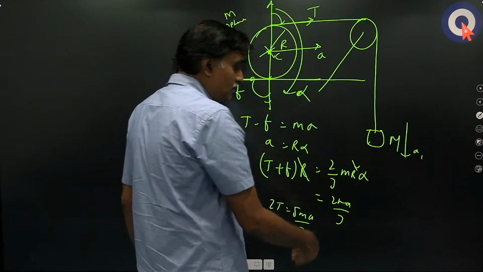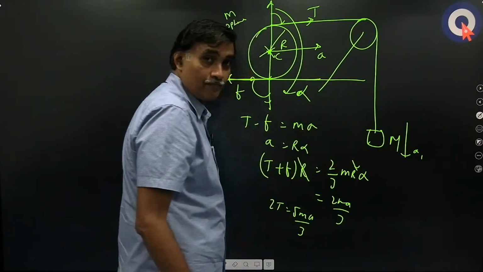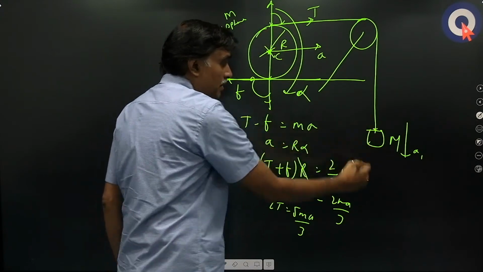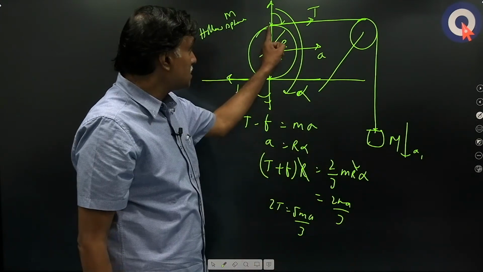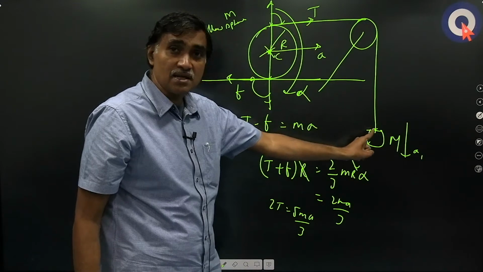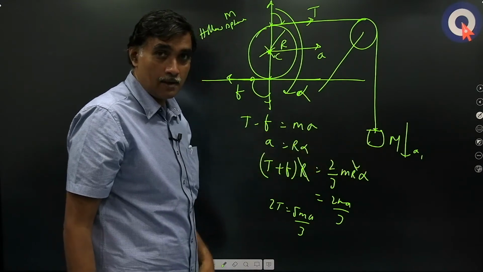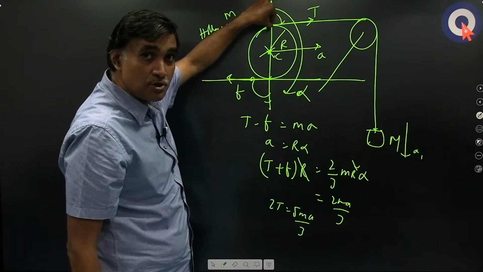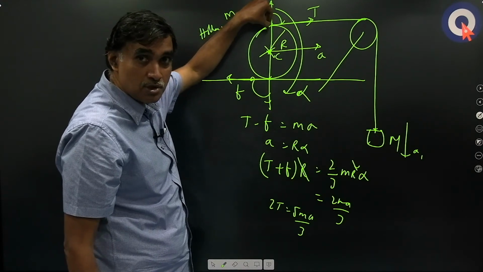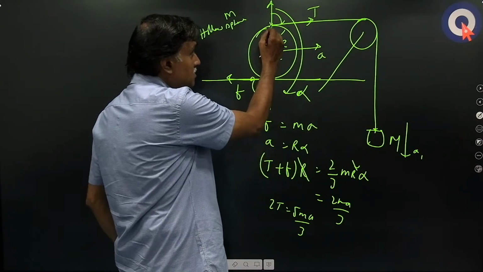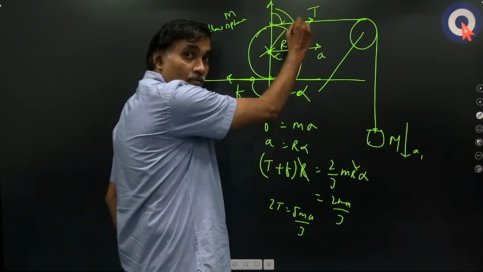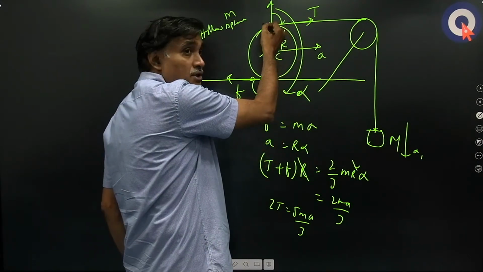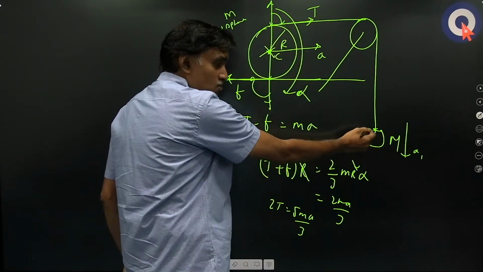Then how do you find the relation between A1 and A? Acceleration of this point on the string should be equal to acceleration of this point on the string. Acceleration of this point towards right should be equal to acceleration of this point downwards. And acceleration of the string equals acceleration of the sphere with which it is in contact at that point, because there is no slippage at that point. So what is the acceleration of the highest point? It is A plus R alpha, that is 2A in this case. So that is the acceleration of the point on the string towards right. So for this block also it should be 2A.